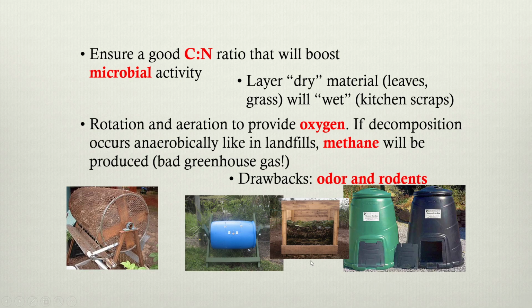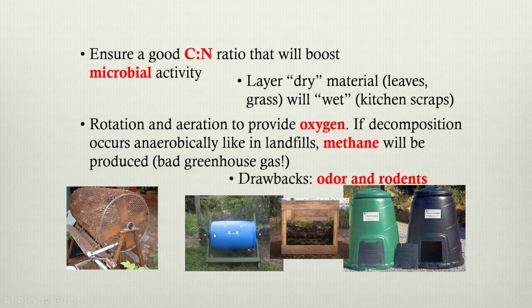So these first ones are like reusing products to make compost bins. You don't have to do that much to make one, or you can buy a composter like this one. I actually made this exact one right here. This isn't mine, but this is what I designed it off of. I used an old water barrel.